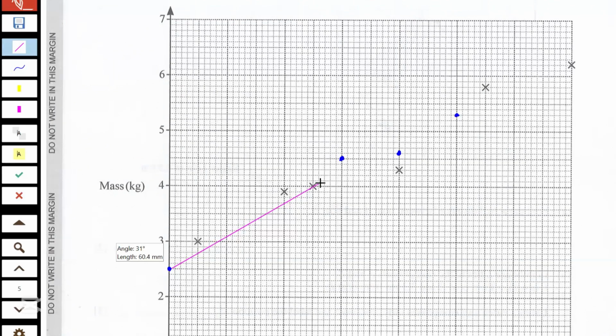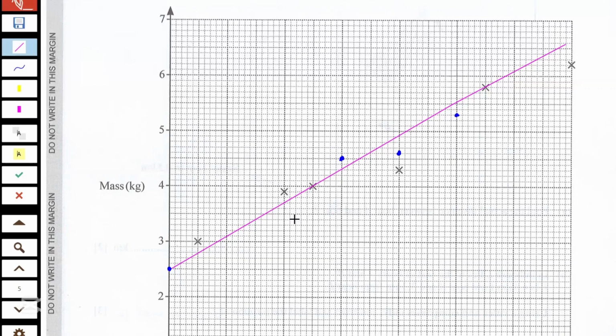Passing through this point. So we should have something like this.